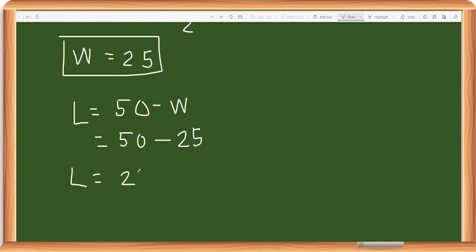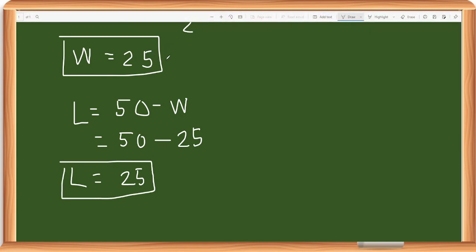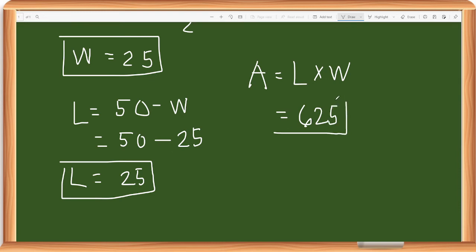So, that means this is a square. A square can be considered also as a rectangle. Now, check nyo. Kung ang area, ano yung area? It is length times W. So, 25 times 25 is 625. This is the maximum area, di ba?